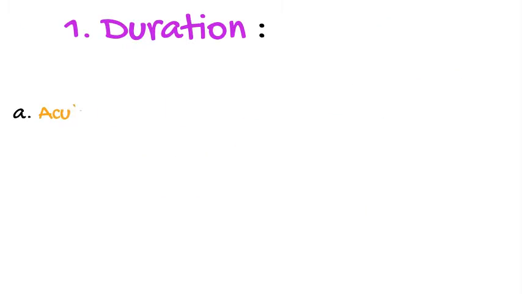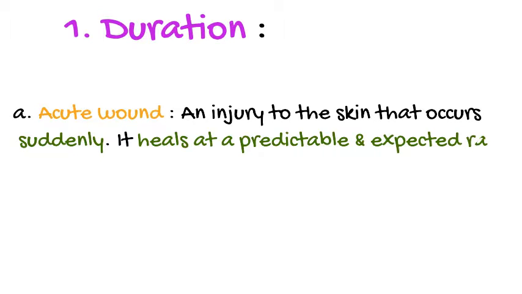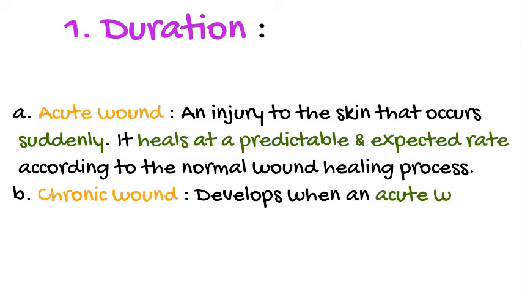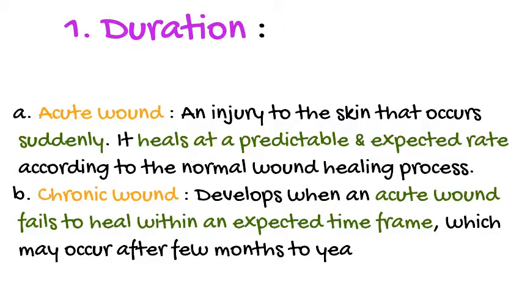For number 1, the duration. Based on duration, wound can be divided into A, an acute wound, whereby there is an injury to the skin that occurs suddenly. It heals at a predictable and expected rate according to the normal wound healing process.